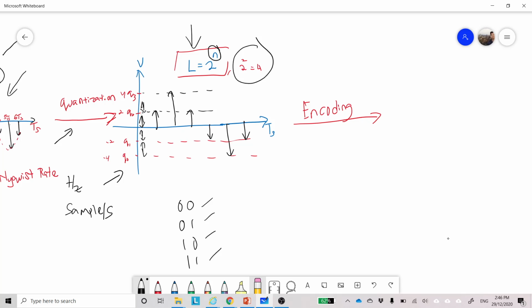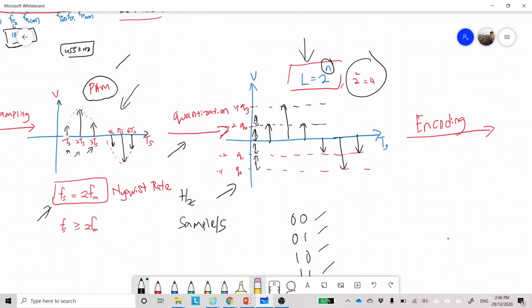Okay, so macam mana assigning of encoding, assigning of code, we start from the lower level. Okay, kita akan start daripada level yang paling rendah. Dalam case ini adalah Q0. So di sini kita boleh assign untuk level ini adalah 00, 01, 10 dan 11.